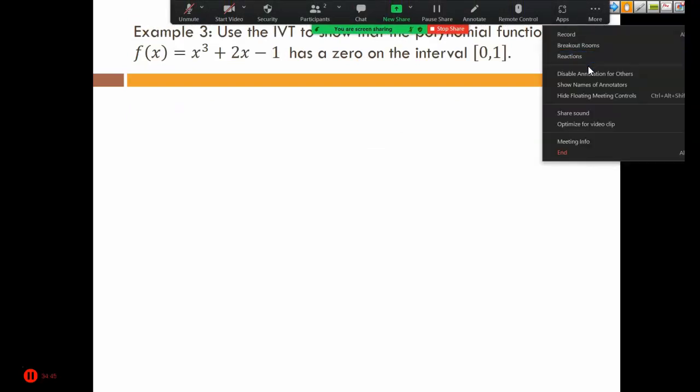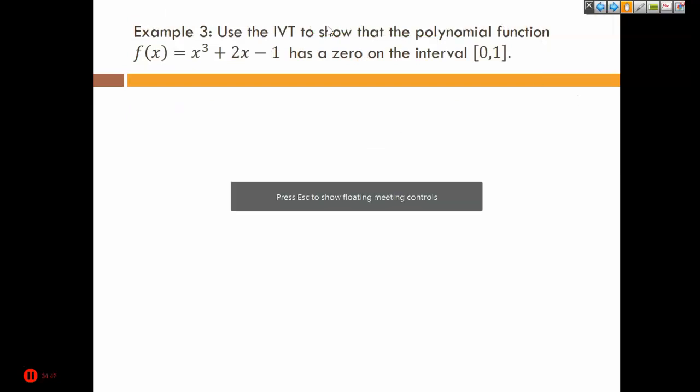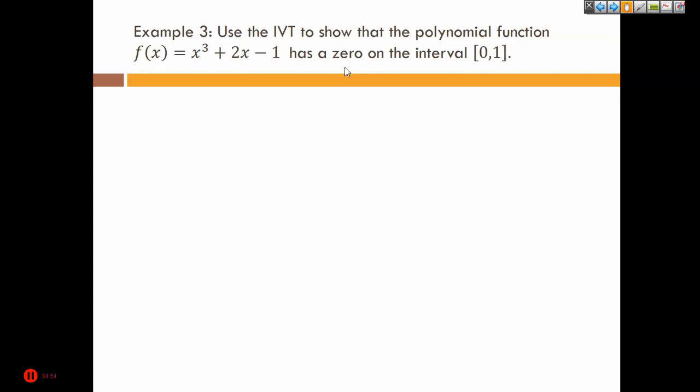Okay, then it says use the intermediate value theorem to show that the polynomial function f of x equals x cubed plus 2x minus 1 has a 0 on the interval 0 to 1. So what we need to do is find f of 0 and find f of 1, because the intermediate value theorem says that all values from f of a to f of b in the range exist.